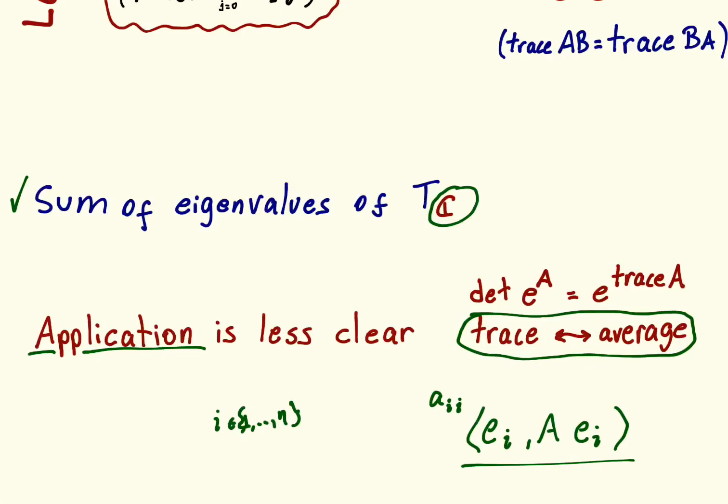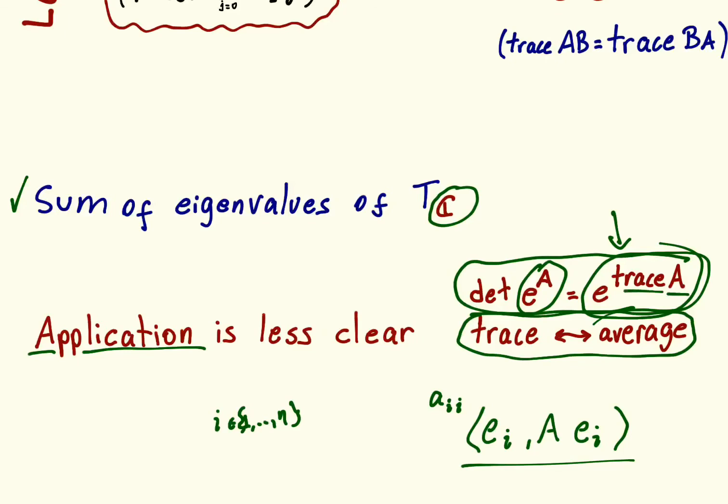Another very interesting and useful identity involving the trace is that if we take the exponential of a matrix and compute the determinant, this will be exactly the exponential of the trace of A. So this exponential here is just the exponential of a number. We have a matrix, we compute the trace, we get a number, we take the exponential of that number.